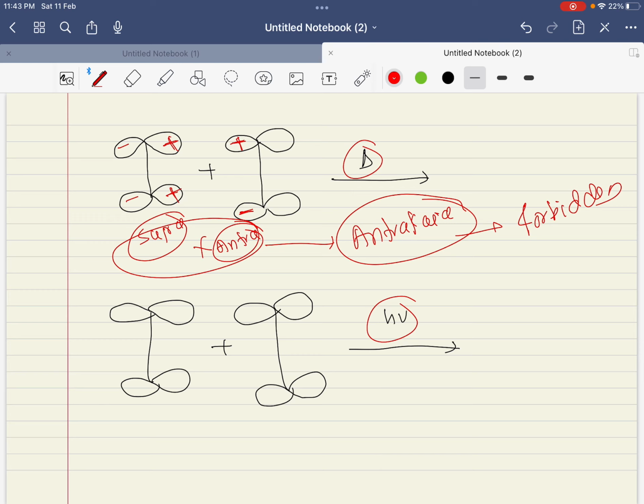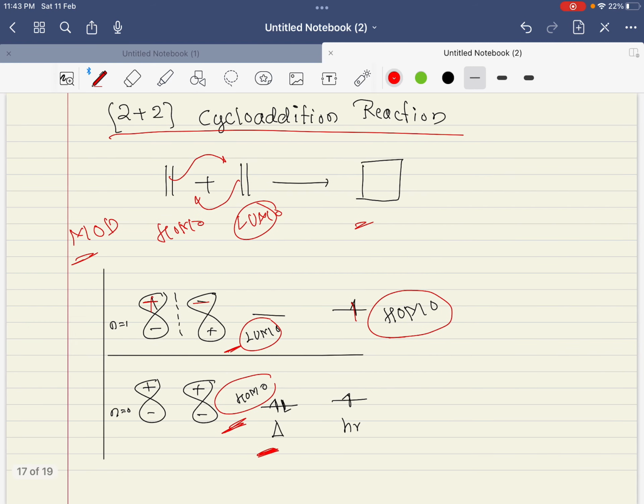Next we will check for the photochemical condition. While checking photochemical condition, we should be very, very careful. For that I will take an example here. We will take 1 gram of ethene, let us say it has 100 molecules. When we pass the light, these 100 molecules undergo excitation.